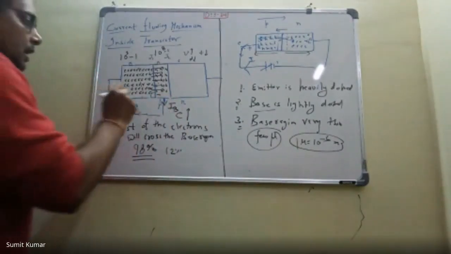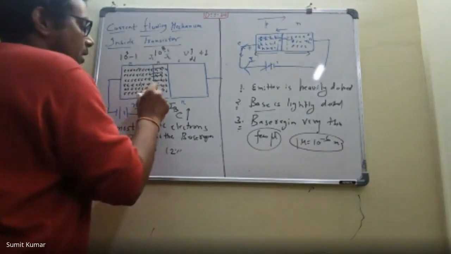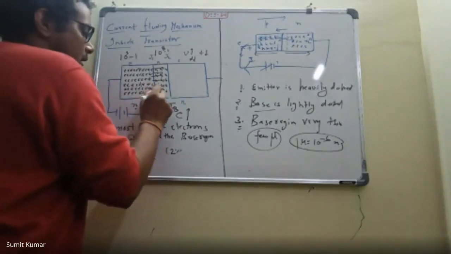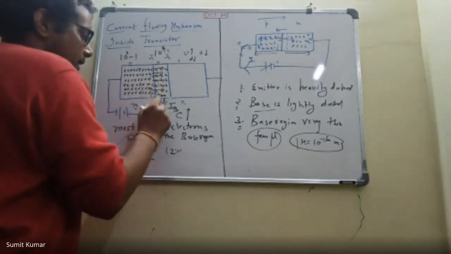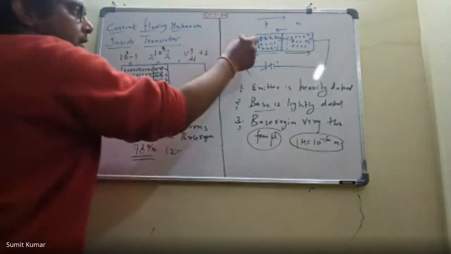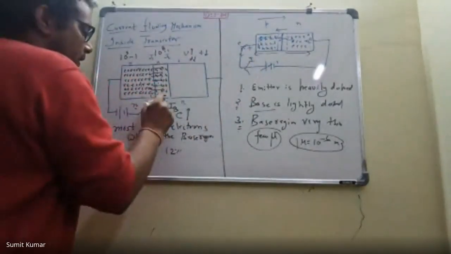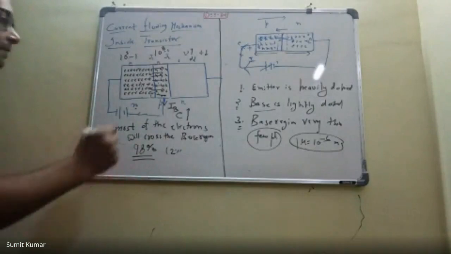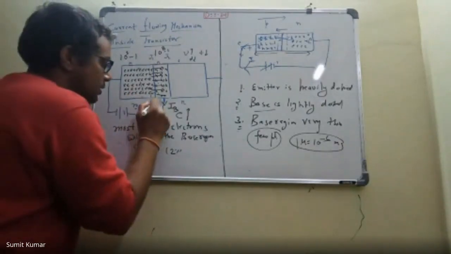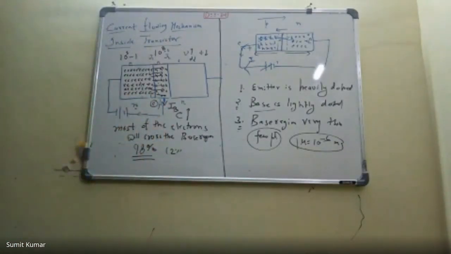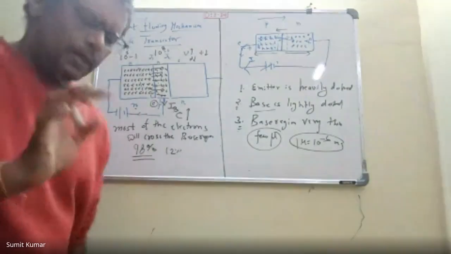How? Again, you know that there is a recombination here, and again new holes will be generated by the battery's positive terminal, like here. And there will be a base current, because of those electrons which are recombining. But the probability of recombination is very low.